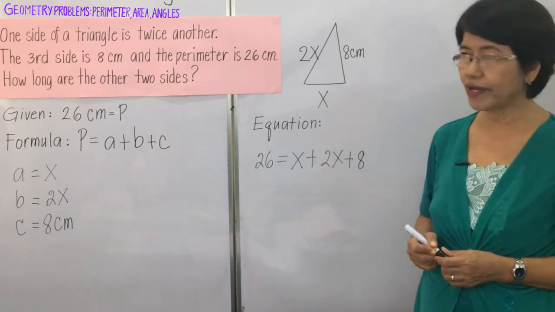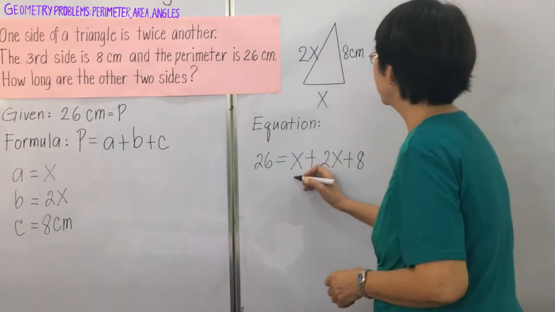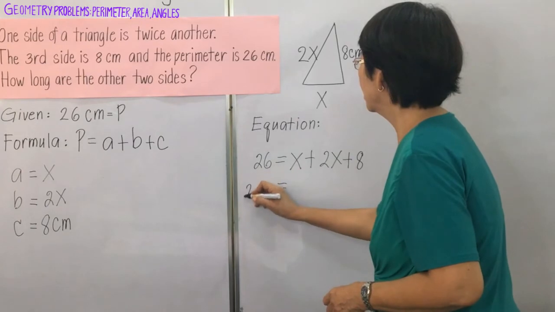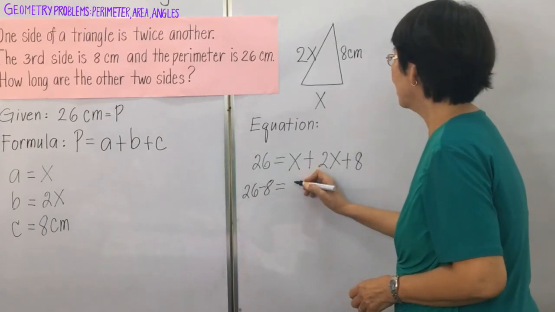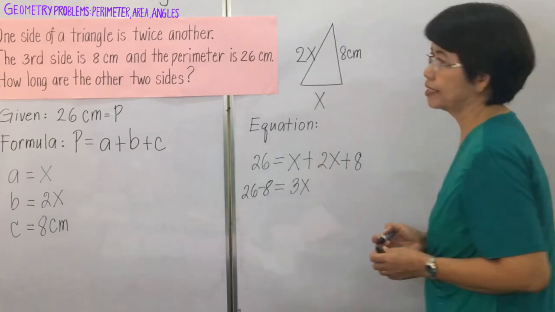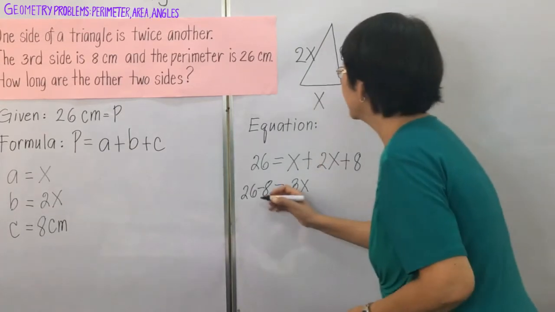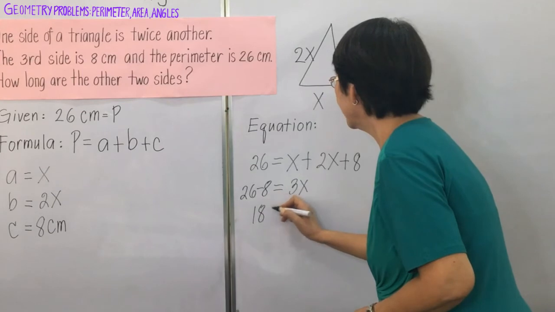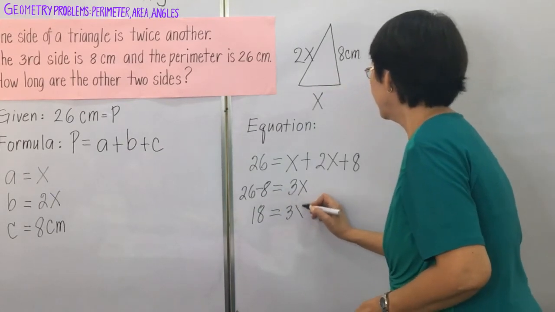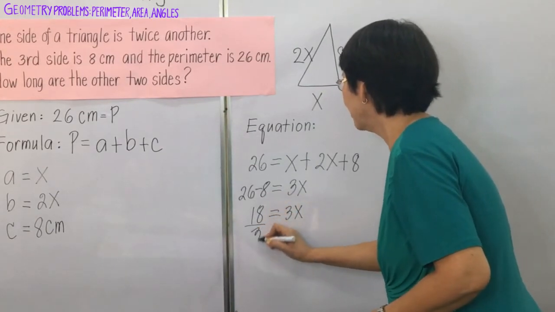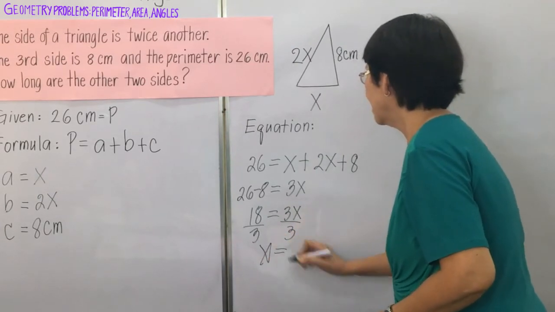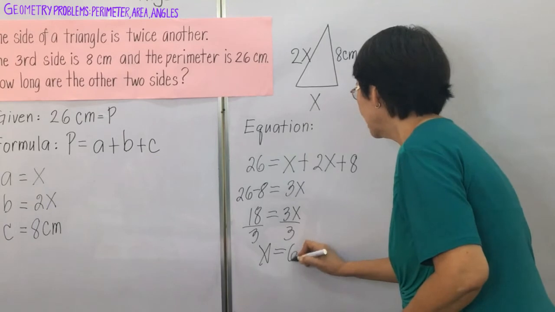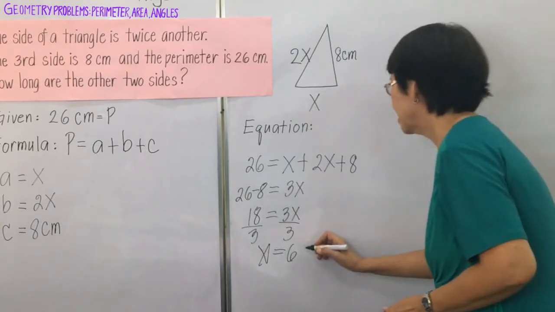And then solving for x, we have 26 minus 8 is equal to 3x. So we have 18 is equal to 3x, divided by 3. Therefore, x is equal to 6 centimeters.